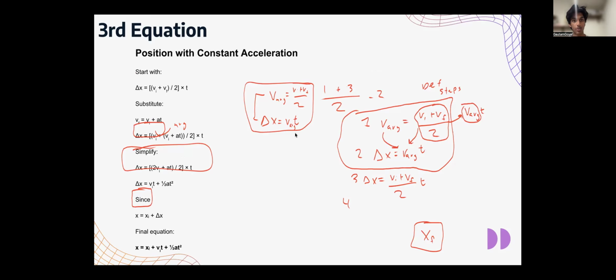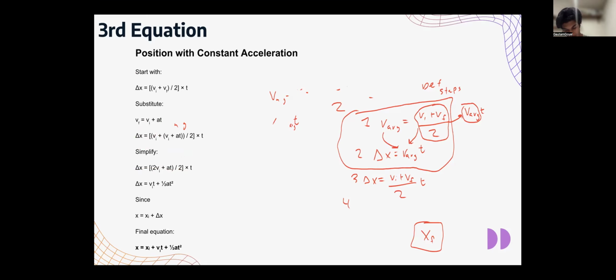Okay. So the next one, right? I'm going to erase all this. I'm going to keep the step area though. That's the one we need. Okay. So the fourth step here is to substitute. Oh, okay.